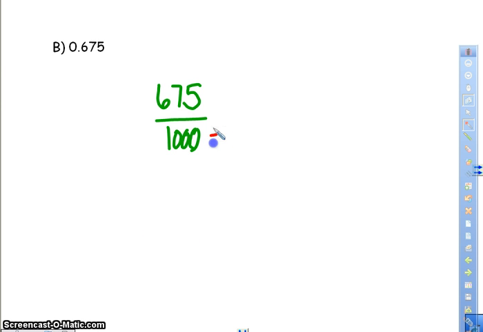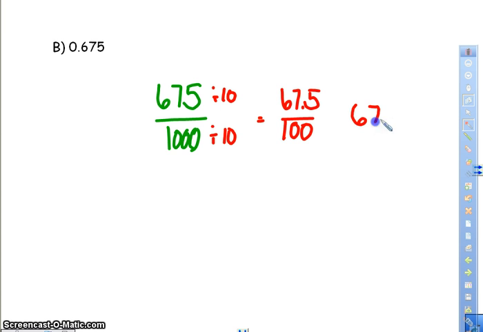Then we have 675 thousandths. Now we want out of 100, so we can divide by 10 to get 100 as the bottom number. So we get 100th, and this is going to give us 67 and 5 tenths, the number on top being compared to 100.